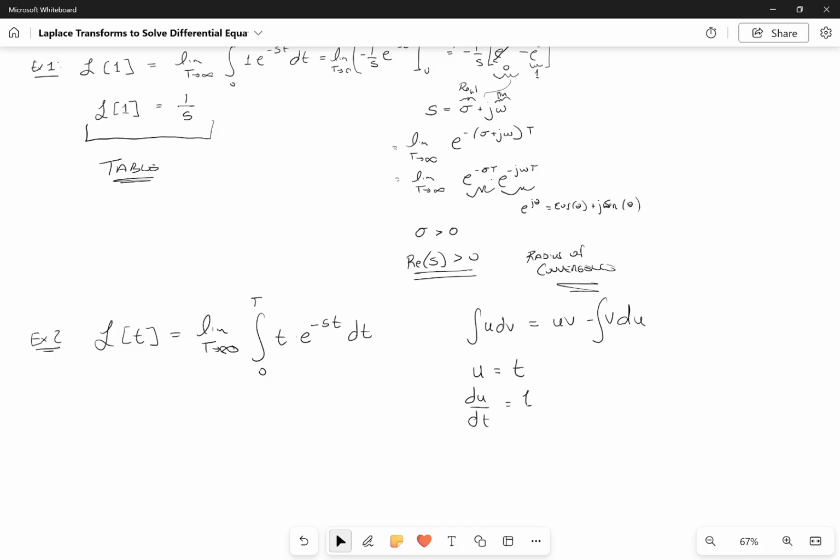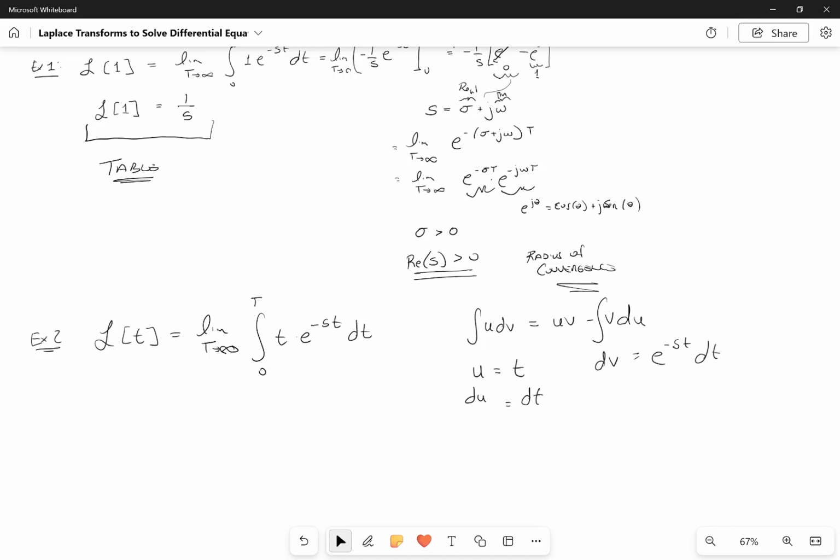Which means that du equals dt. Then dv must be e to the negative st dt.